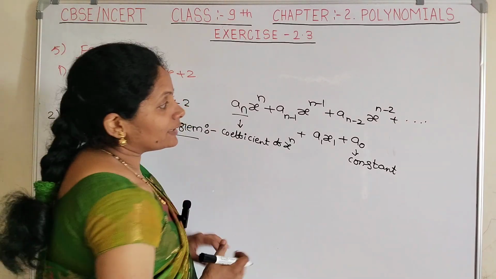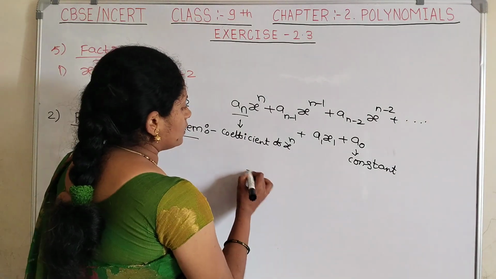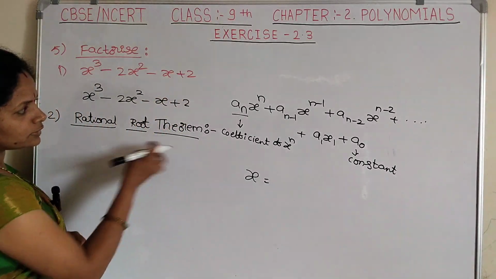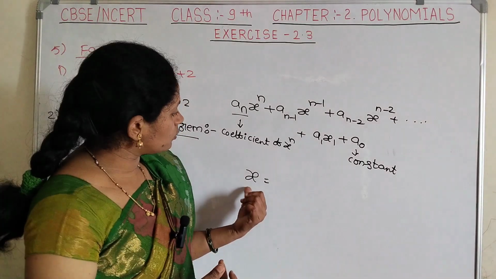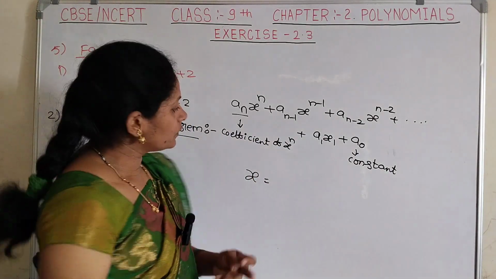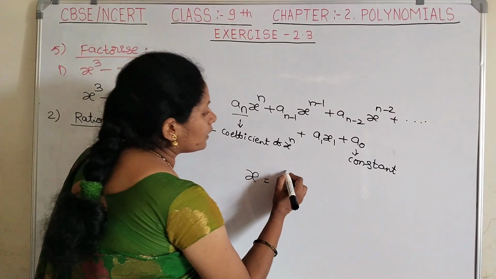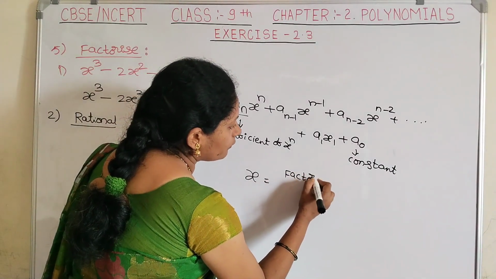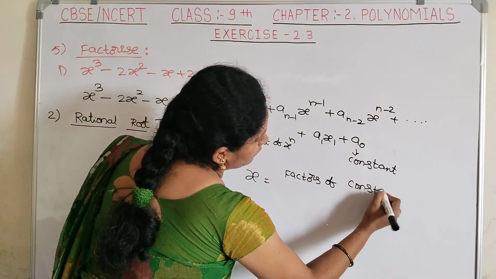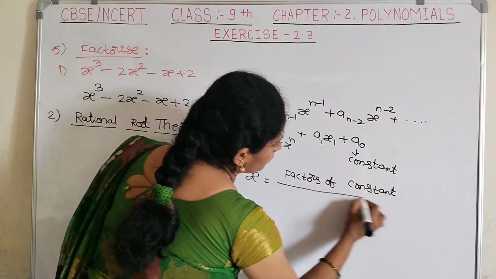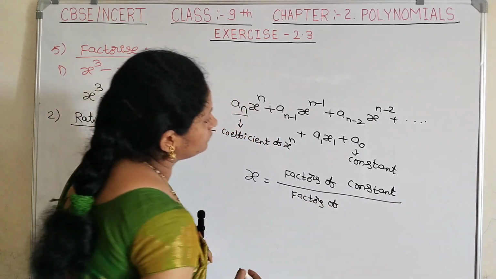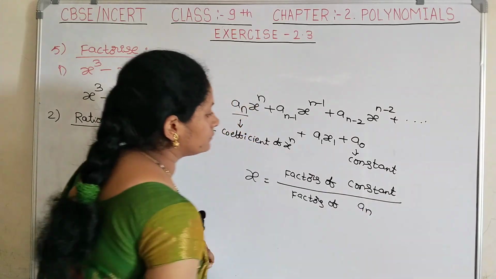Now, how can we get the factors of this? We are getting the factors or the roots by the rational root theorem, right? So we are getting the roots, in terms of x only. So x is equal to, first of all, plus or minus, factors of the constant divided by factors of an.